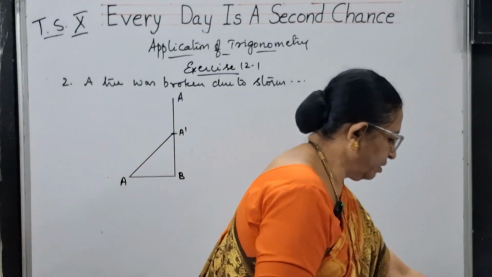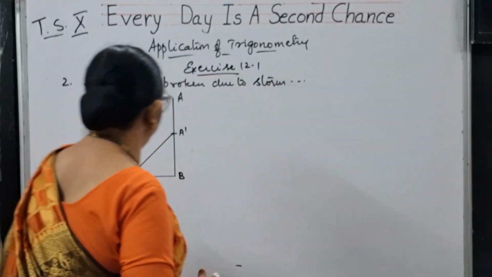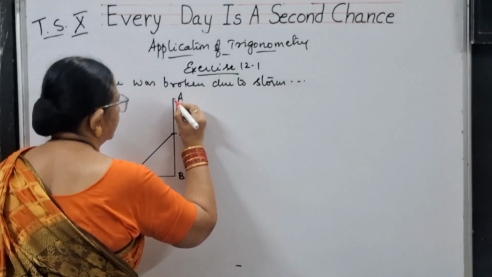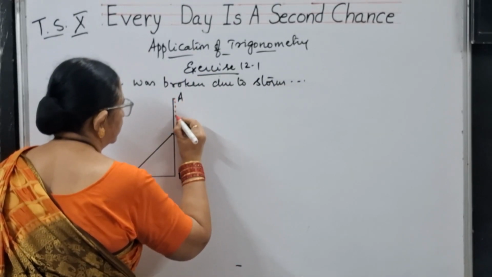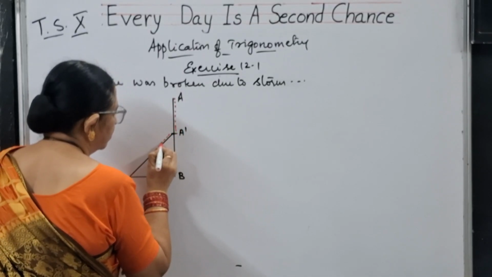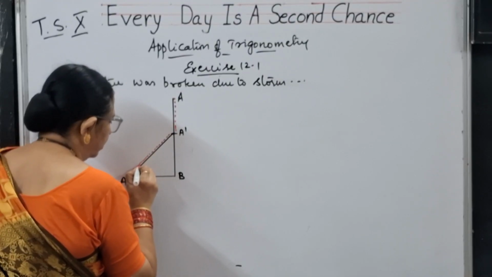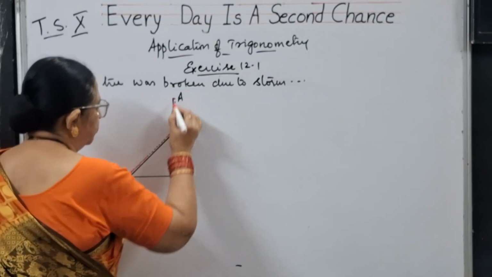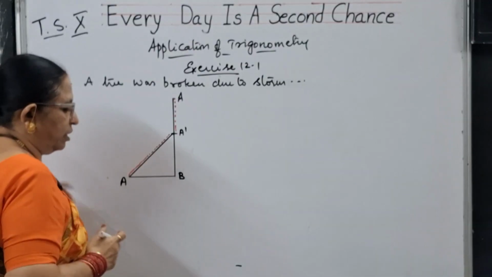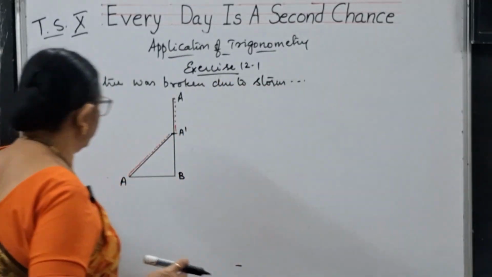Let me draw some dots which will make it clear that this is the broken part which has fallen down to the ground like this, children. This part which is broken down has fallen down to the ground. Now, when it has fallen down, what happened?